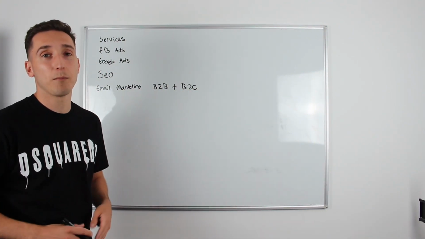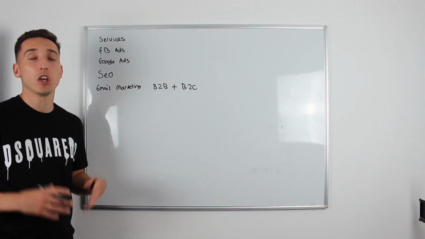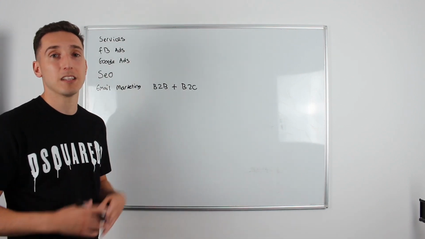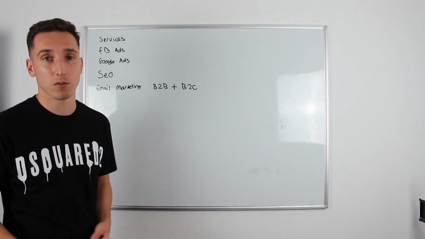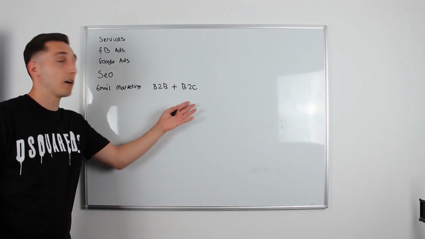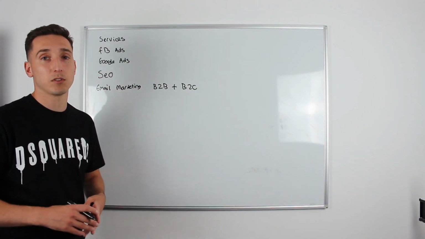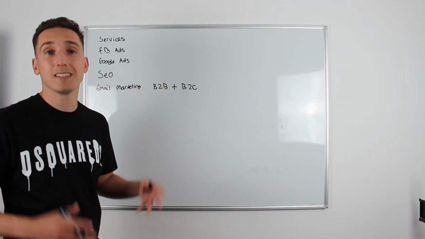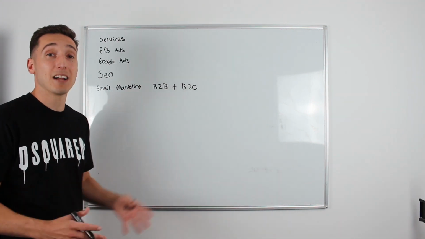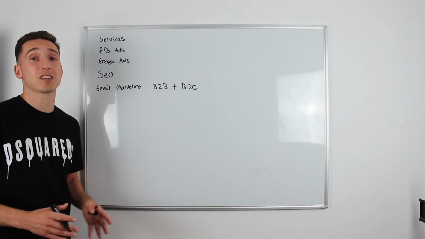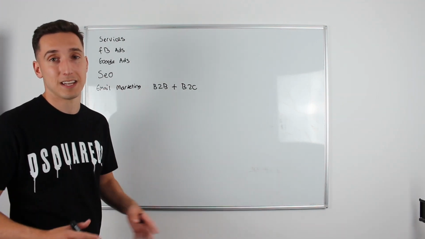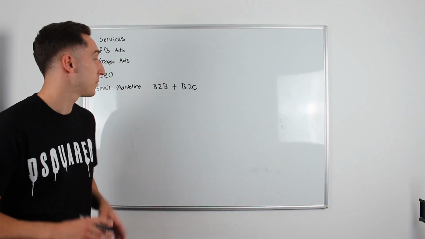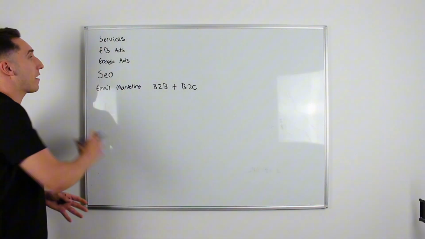So for example, if it was an e-commerce store, you would be running their email sequences to generate them additional revenue. Now, just as a shout out to Avon, who is inside the Client Capital, he's been running his email marketing B2C agency, and actually for the last 4 months, he's managed to scale up to 8,000 USD a month, which is crazy. So these are all very good options.